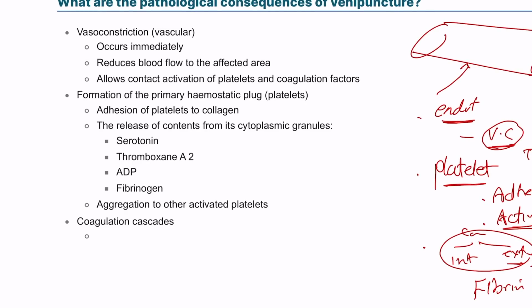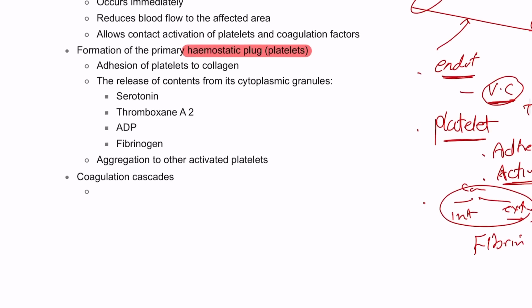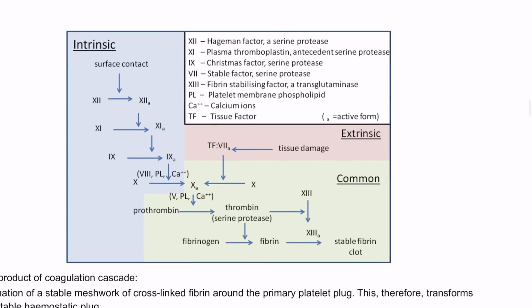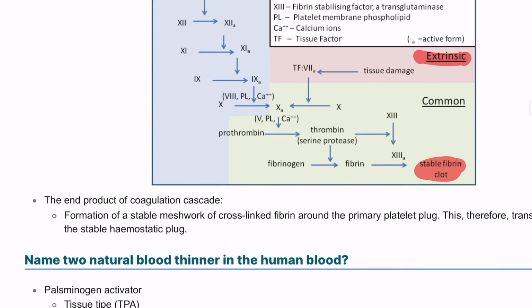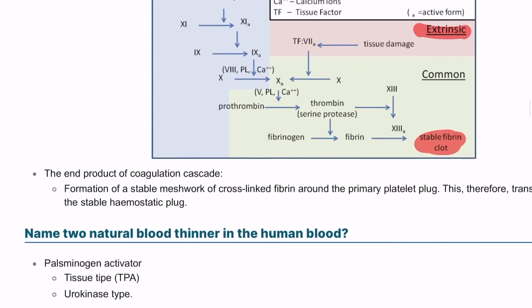So vasoconstriction is the main part in the beginning, then the formation of the primary platelet plug, and then coagulation cascade activity with the common, intrinsic and extrinsic pathways to form a stable fibrin clot, which is the final product of this process.